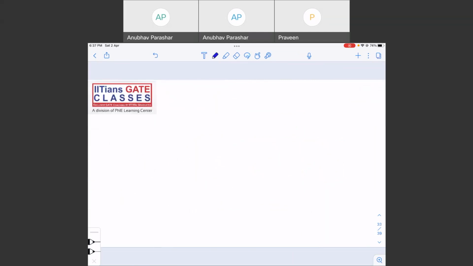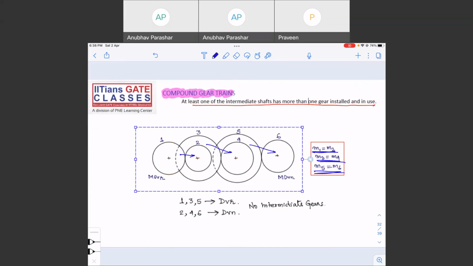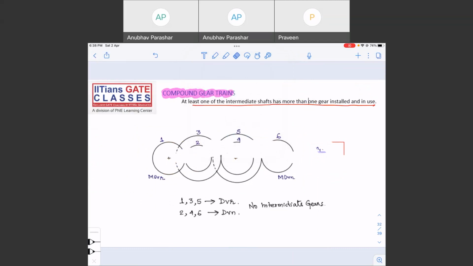No issue. Now we will try to form the equations here itself. Okay, so let us see.